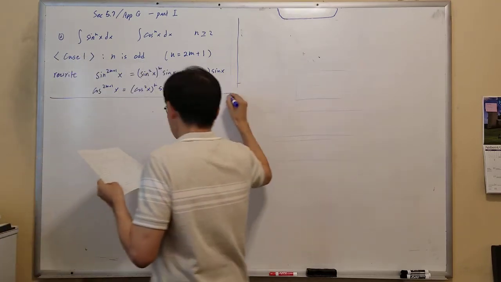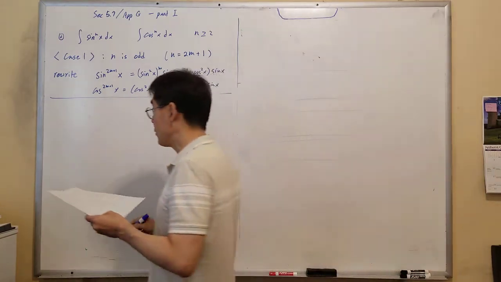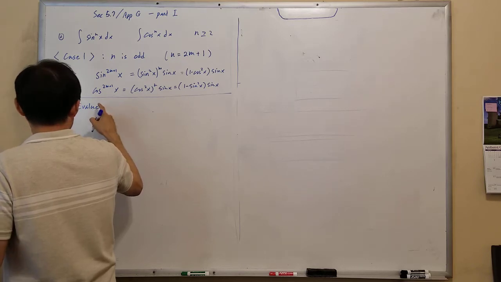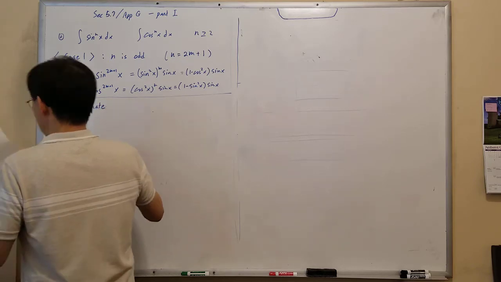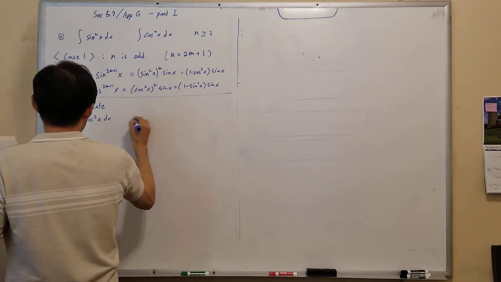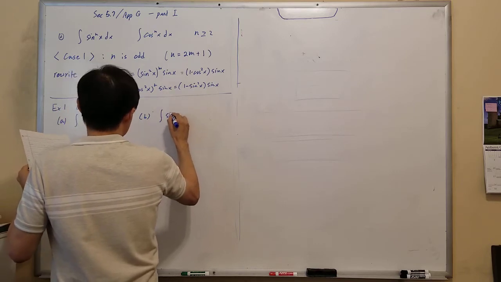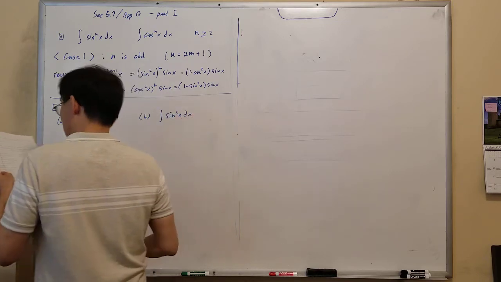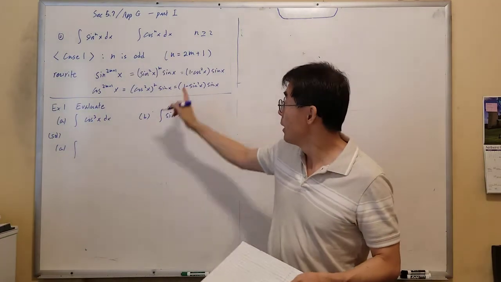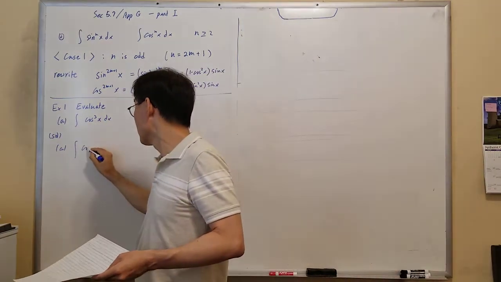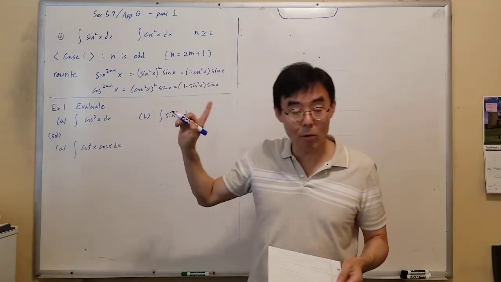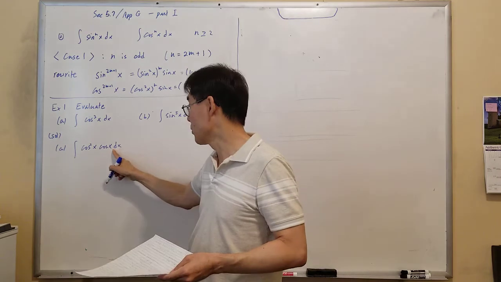So let's do some examples. Example 1. Evaluate the following integrals: a, integral of cosine to the 3rd power x dx, b, sine to the 5th power x dx. So a, okay? As we saw, we want to write it as cosine squared x and this one more power. Leave only even power. One extra power of cosine is here.